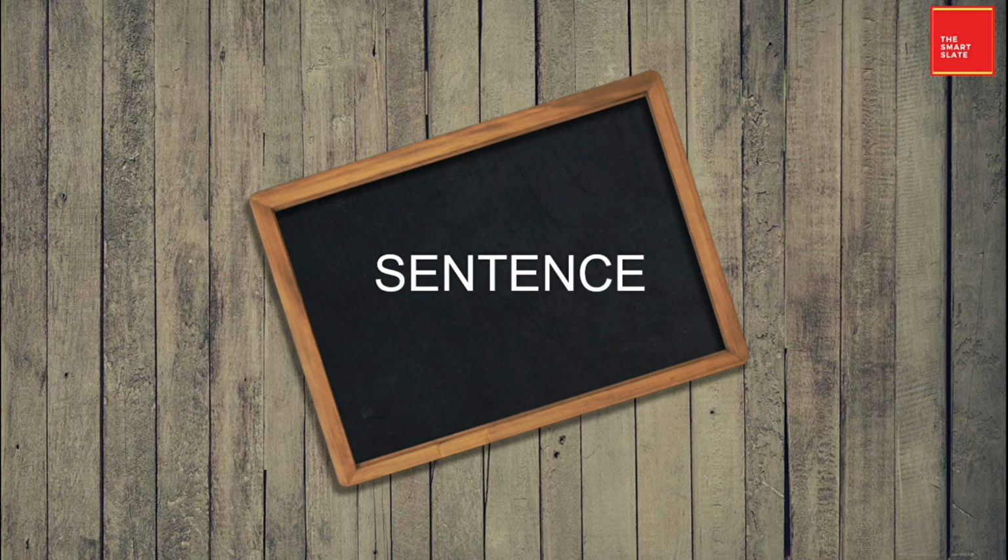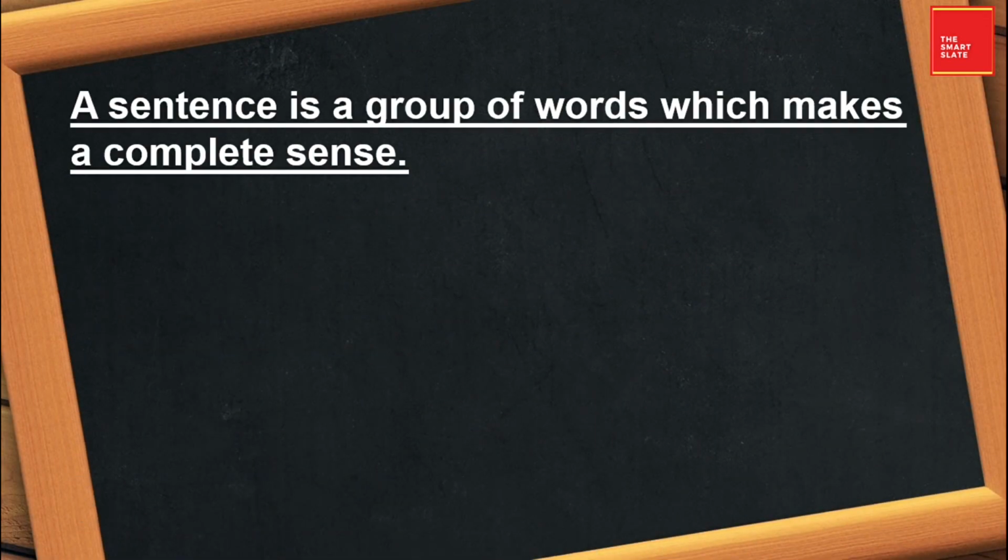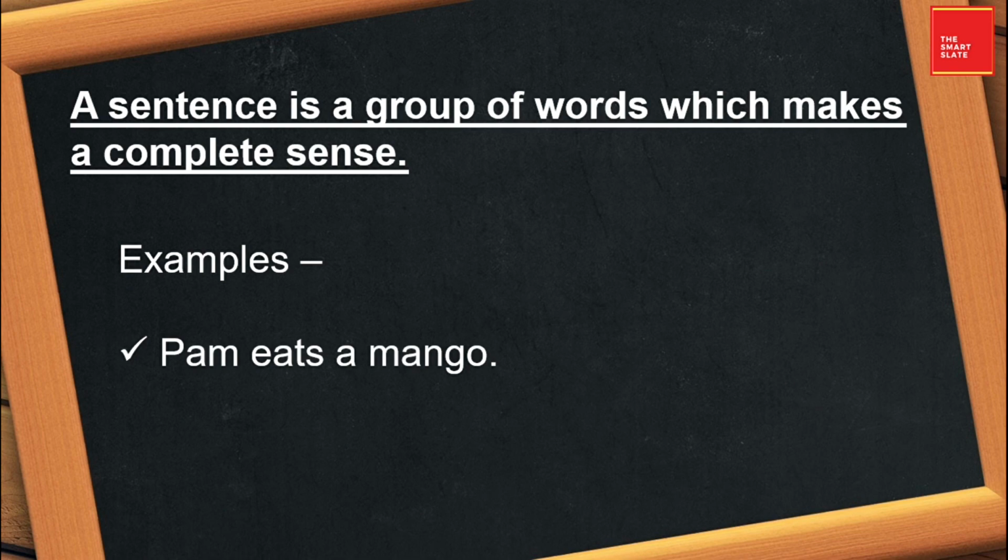Next is sentence. What is a sentence? A sentence is a group of words which makes complete sense. For example, Pam eats a mango. It provides the complete sense. Stars shine at night. If I say stars shine at, it is incomplete.